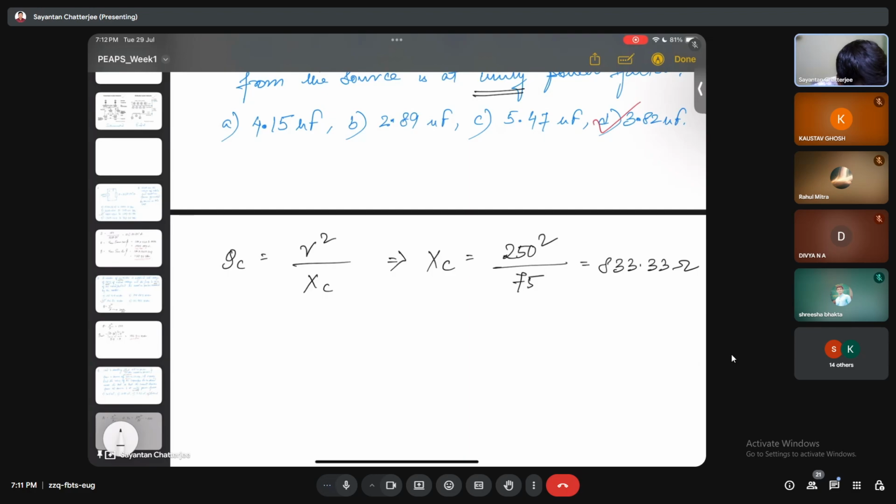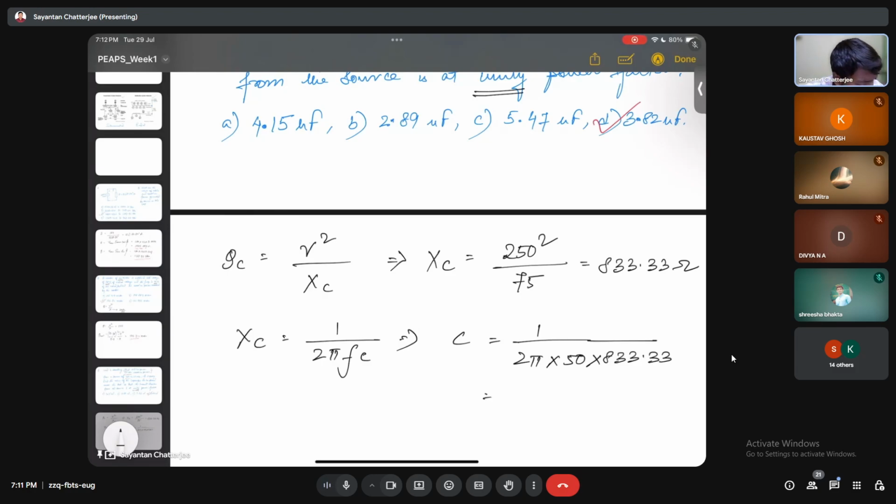ohm. So from here we can calculate C. We know that Xc is 1 by 2 pi F C. So just place C here, 1 by 2 pi, and F is given 50 and Xc is 833.33.